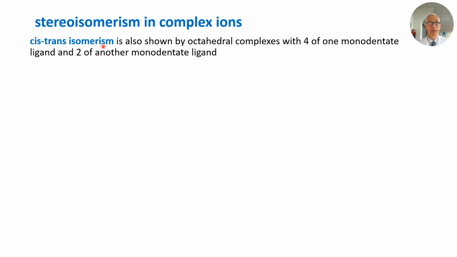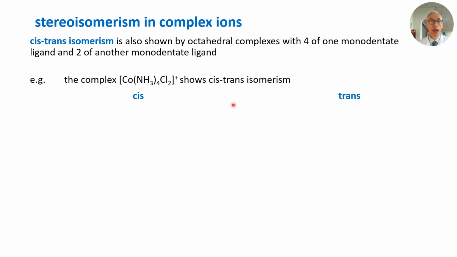Cis-trans isomerism is also shown in octahedral complexes where there are 4 of one type of monodentate ligand and 2 of another type of monodentate ligand. The standard A-level example is a cobalt-3 complex involving 4 ammonias and 2 chloride ions.